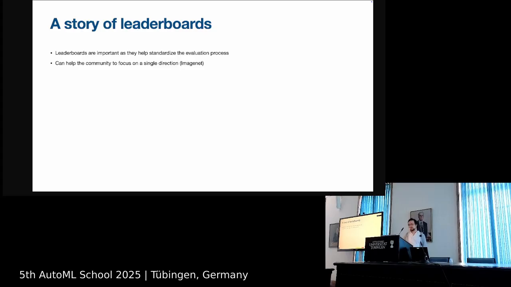And in some cases, that can really help to steer the community into a single direction and put all this mass behind it. So for instance, ImageNet is a great example, where for years, people tried to improve on it, and that really led to super efficient architectures that then worked so well across many use cases.